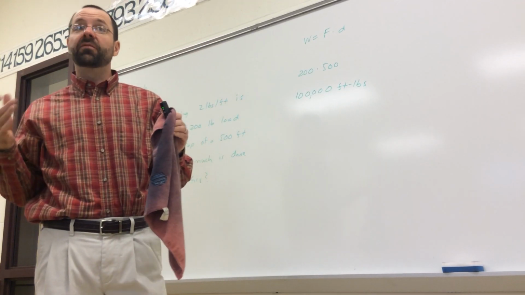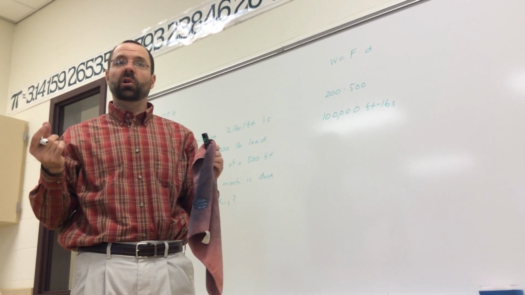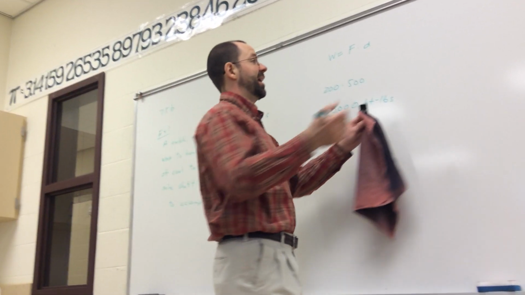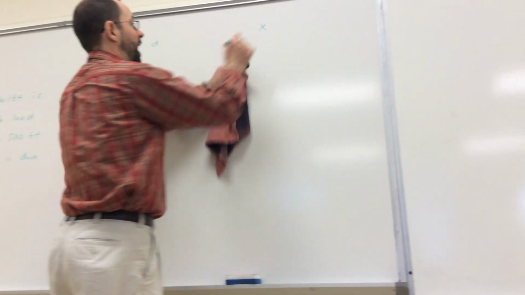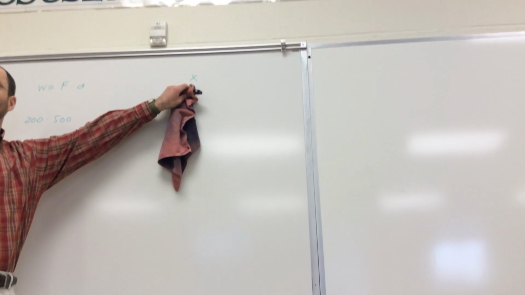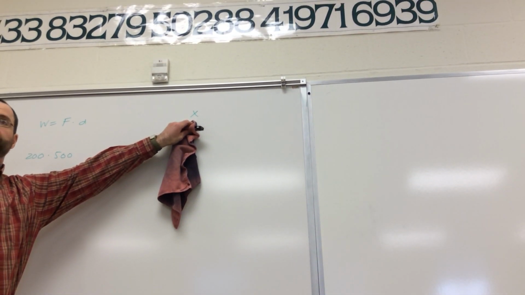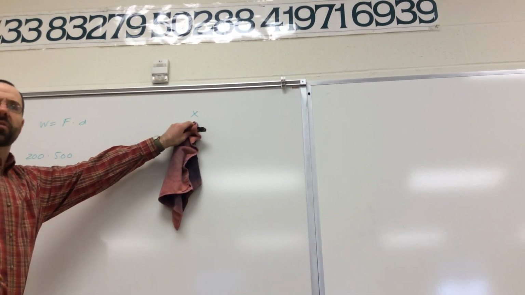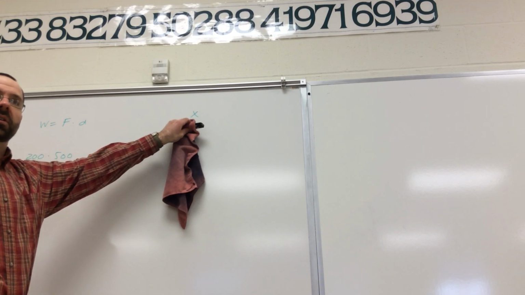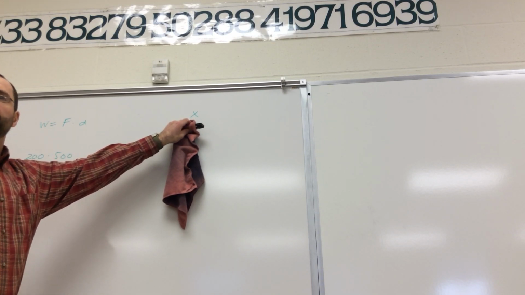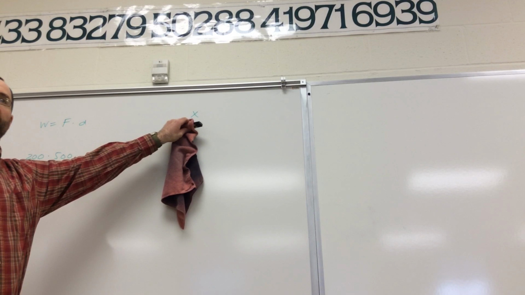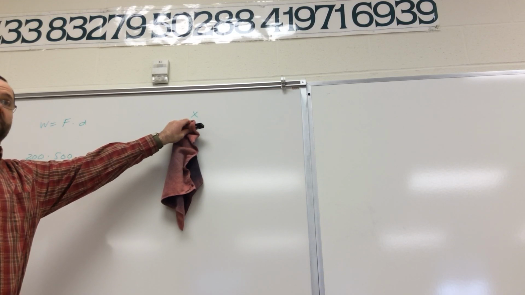So because of that, we need a variable for the amount of cable that we're lifting. So x is going to represent how many feet of cable we're currently lifting. At the start of the problem, x is 500. So when you have 500 feet of cable, how much does that cable weigh? 1,000 pounds, right?